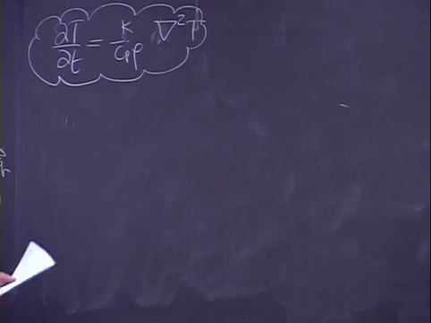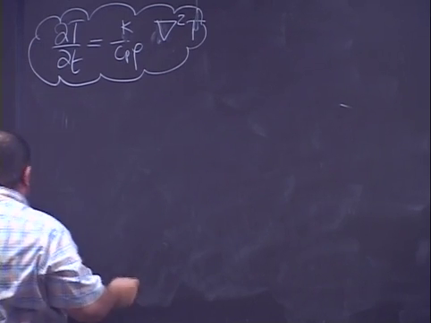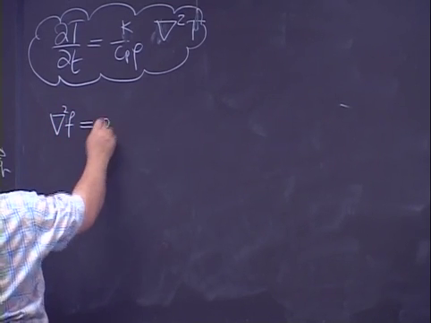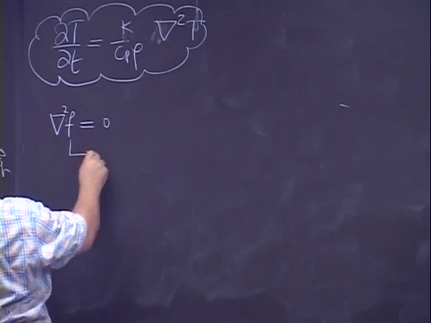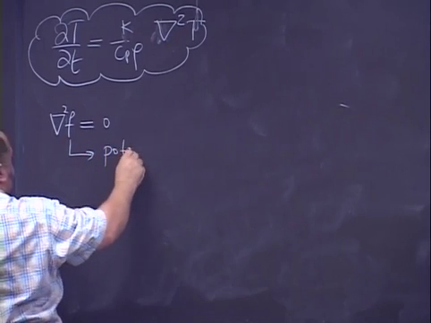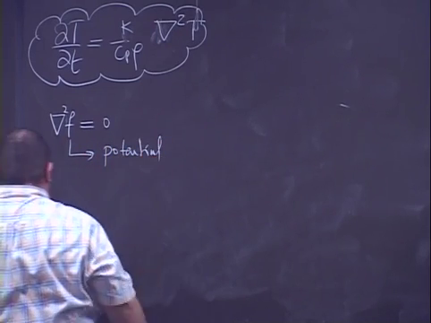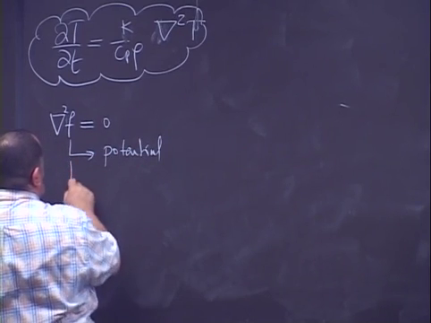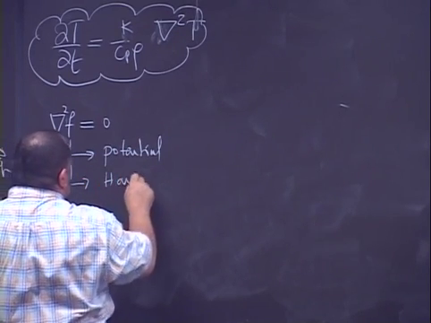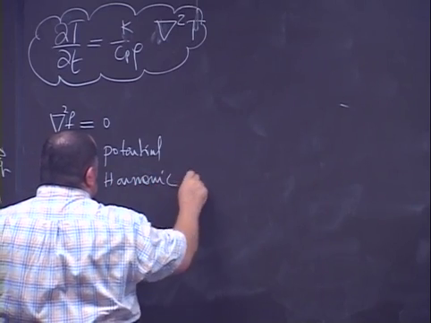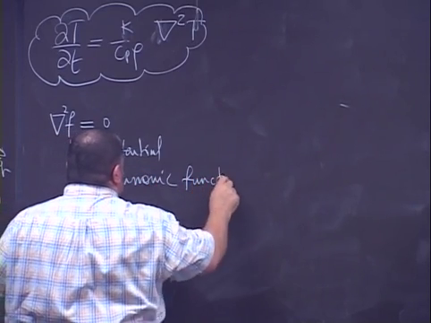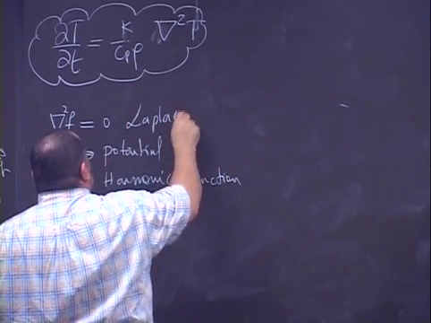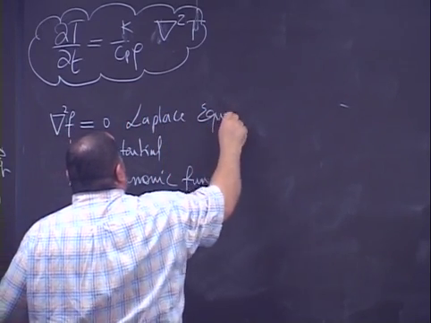Okay, guys? Another application, if you have a function, the Laplacian of a function equal to 0, and this function might be a potential, for example, a potential function or a harmonic function. So this is called the Laplace equation.